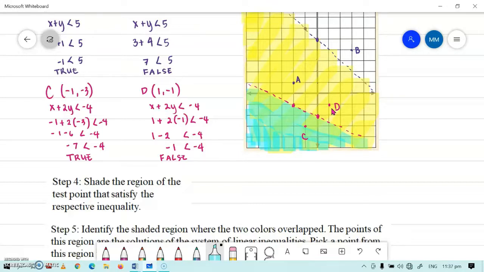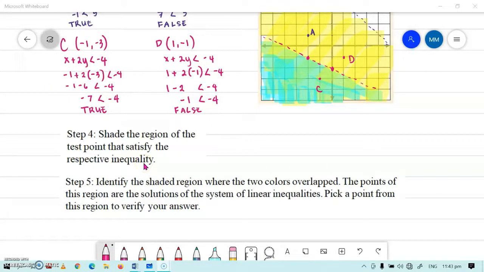Now that we are done shading, we can already see here that this overlapping shaded region contains the solution to the system of inequalities that we have in this example.